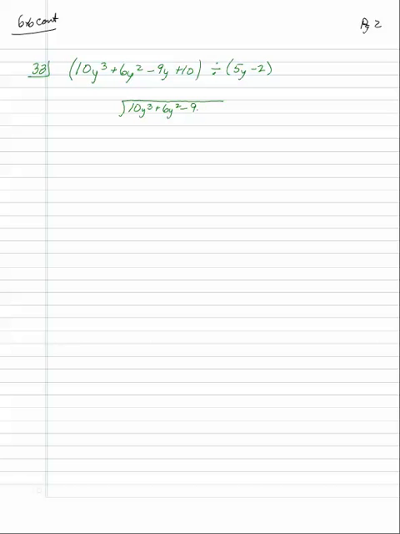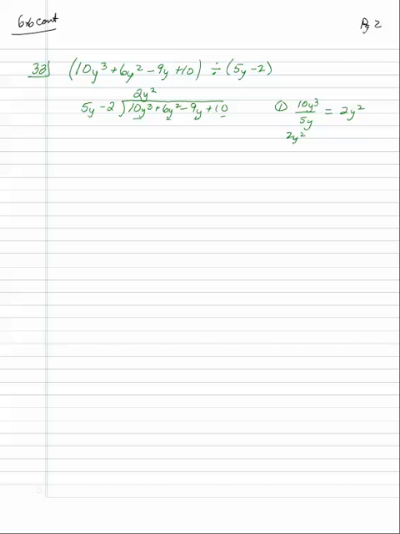And also make sure it's descending order. So I got y cubed, y squared, y, 10. If there's anything missing, put in the missing terms or leave space for them, at the very least. Okay, we're going to take the first term divided by the first term, which is 2y squared, write that on top.